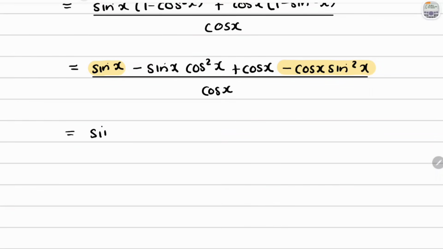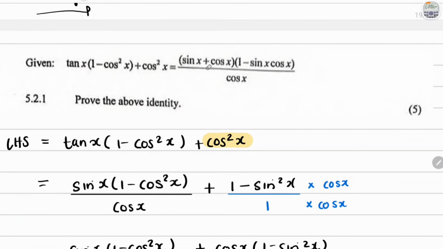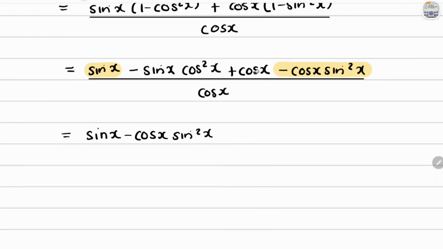Let's go ahead and say sine x, and then put that minus cos x sine squared x. And then here, I don't want to put this 1 in front because it has a negative. And I see that that doesn't really happen here. You see, they both start with a positive value. So I'm going to start with this one.